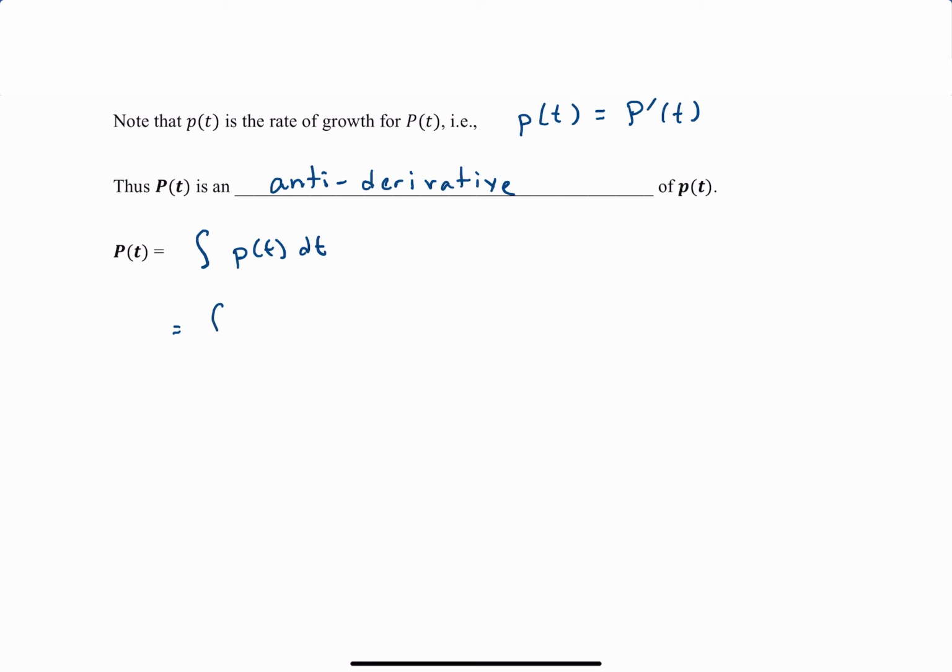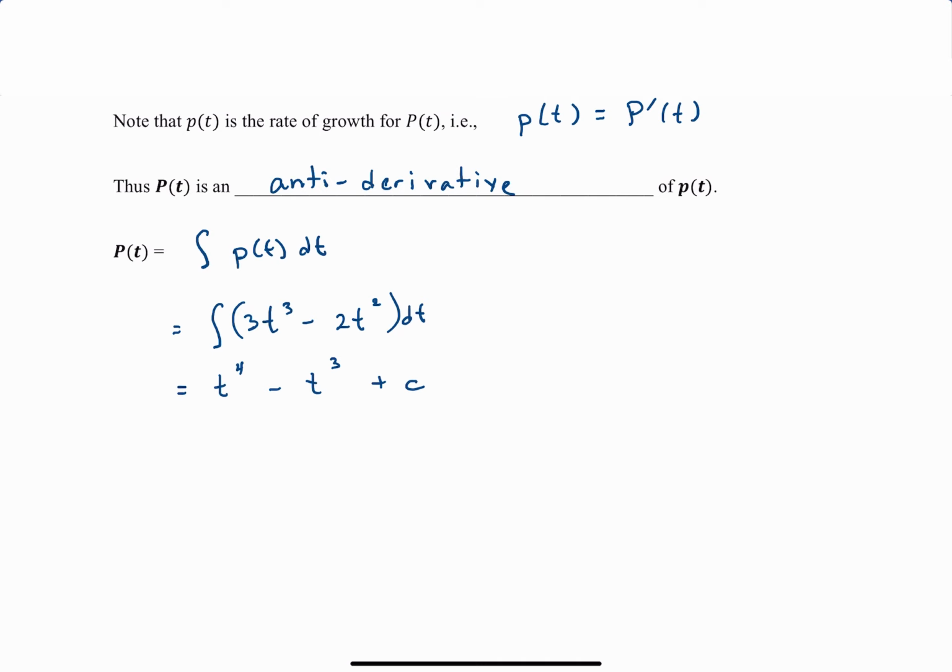So that means we can actually compute a formula for capital P of t. Since it's an antiderivative of little p of t, it is the antiderivative of 3t cubed minus 2t squared dt. So it must be t to the fourth power minus t cubed plus a constant.